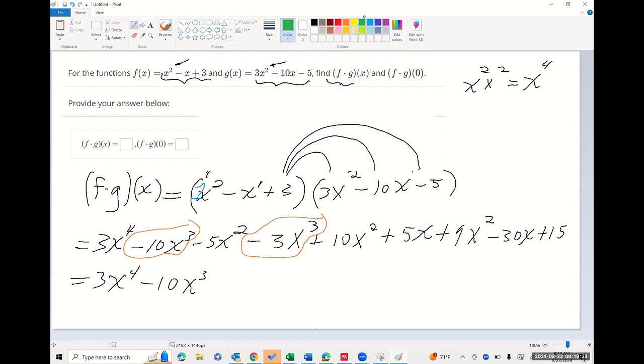Let's take the x squared terms and circle them in green just to help us keep track of those. And there's one over here. So that's negative 5 plus 10 is 5, plus 9 is 14. And make sure you keep the same variable part.